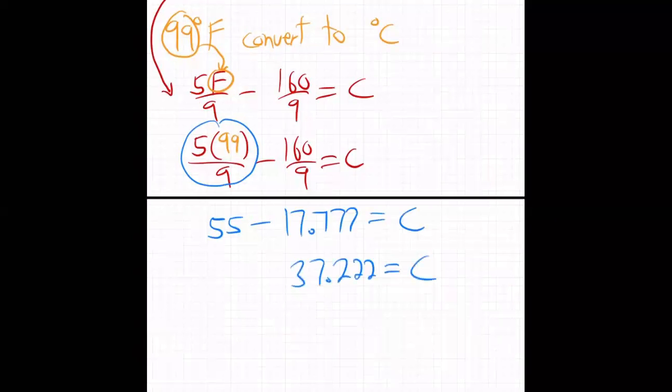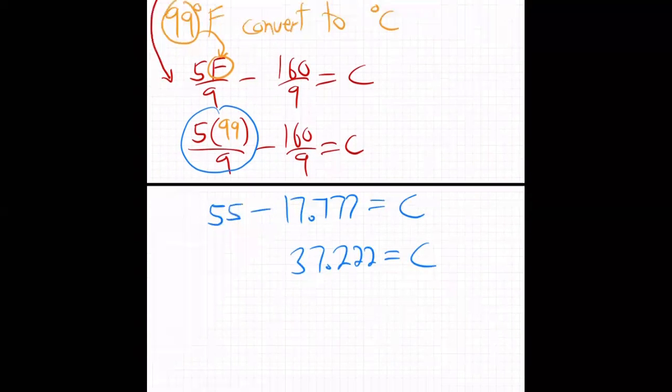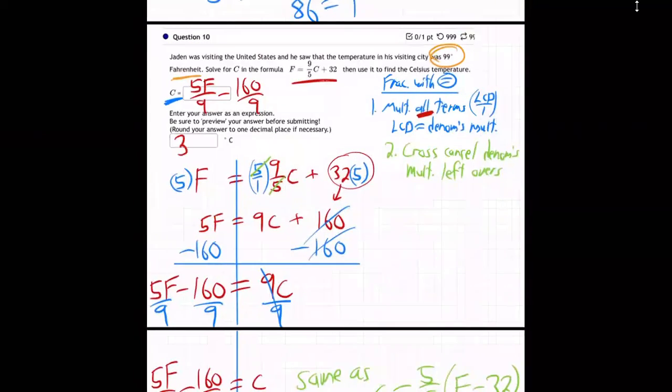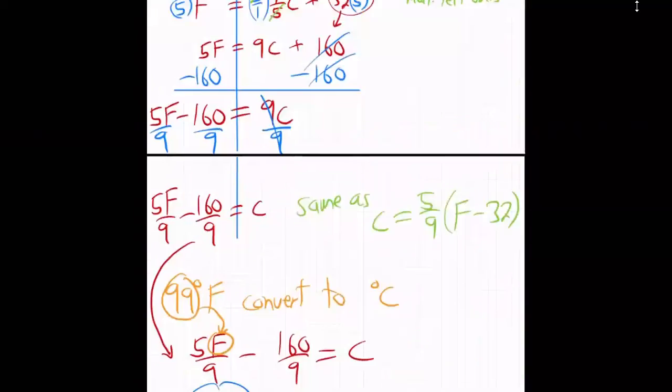And it says round to 1 decimal. So then we go right there. And that's just 37.2, isn't it? So the degrees Celsius is 37.2. So put that in up here. 37.2. So we just converted.